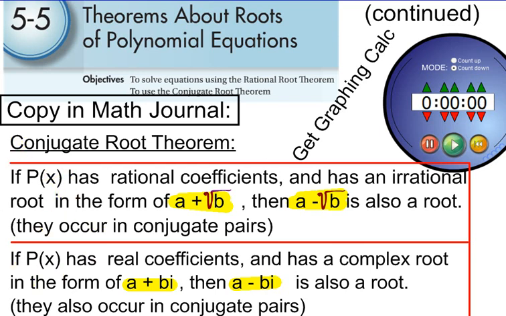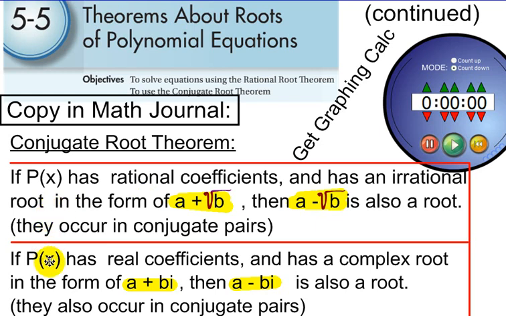Okay, if you'll turn your attention up here. Now you have this in your notes. This is on the test. It's a lot of words for a very simple concept. It means if a plus radical b is a root of a polynomial function with rational coefficients, then a minus radical b is also a root.